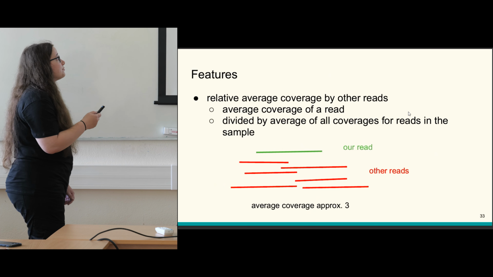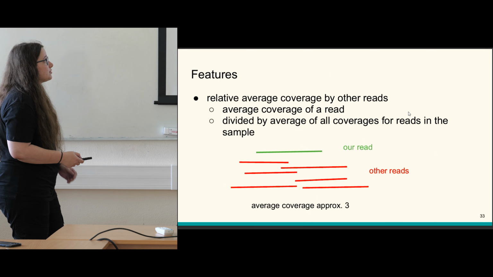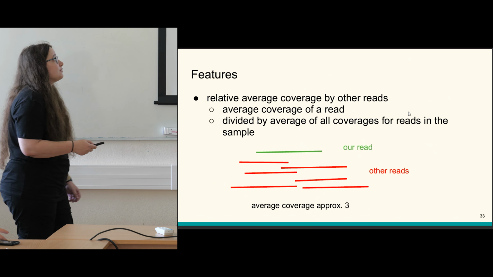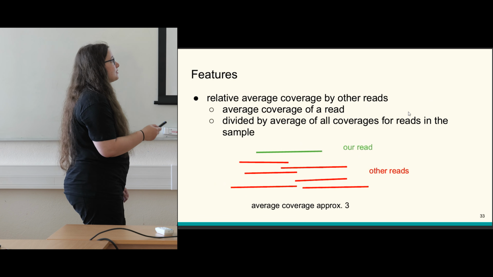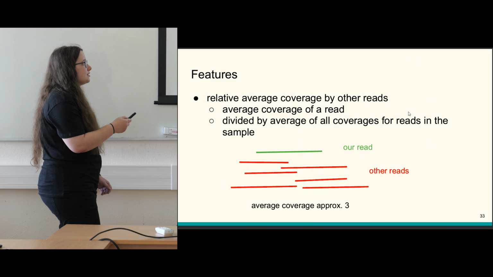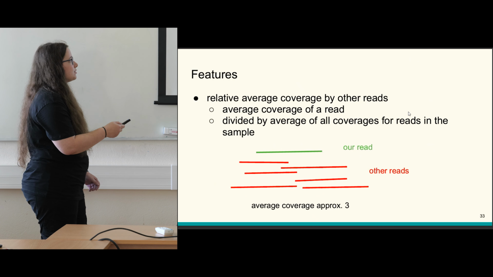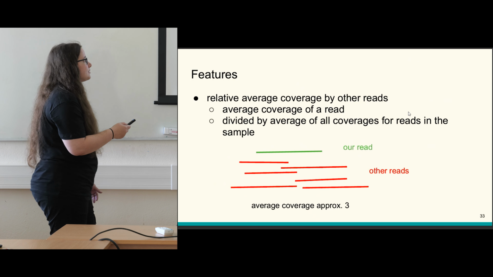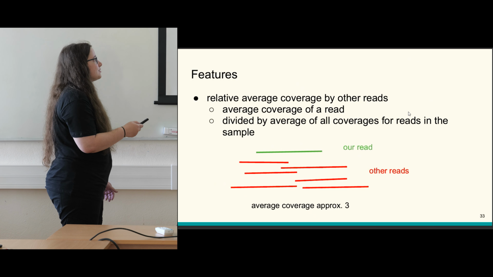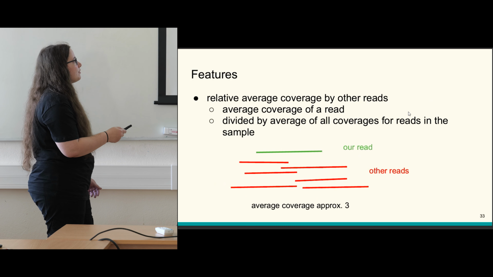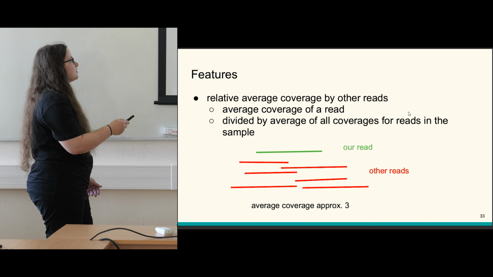Now let's look at our features. The first feature we have is the relative average coverage by the other reads. And how do we compute it? We take a read. For this read, we take all other reads from the sample, which is the sequencing sample, and we align the reads to this particular read. For each position, we compute how many reads align to that position.